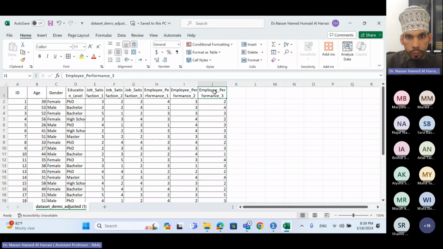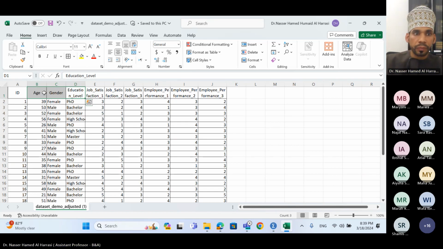This is a demo data set that I'm using just to make you understand. Then we have 3 items again related to job satisfaction, and 3 items related to the demographics. 100% your data set is going to be totally different from this, but in general it will be similar.